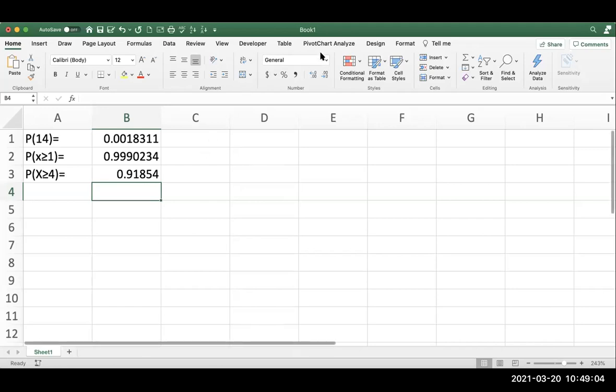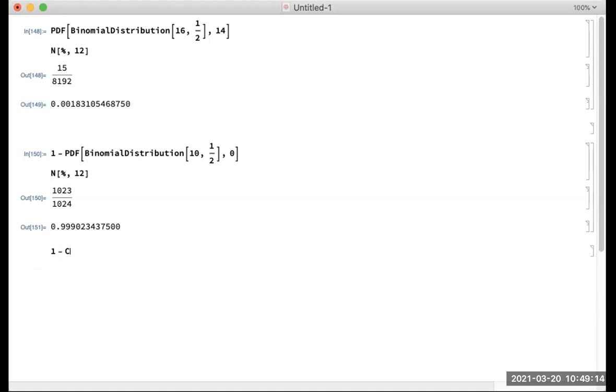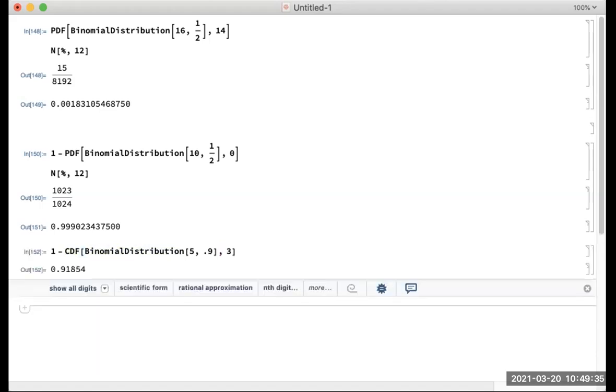Let's do Mathematica. So 1 minus CDF of your binomial distribution with parameters 5 and success is 0.9. And I want to get rid of the first 3 successes. 0.91854.